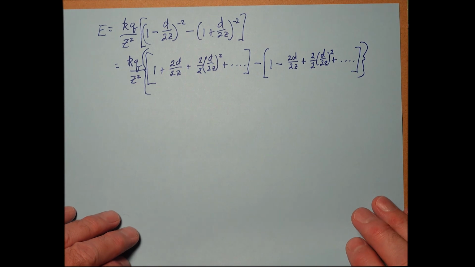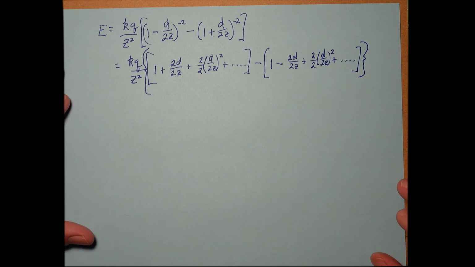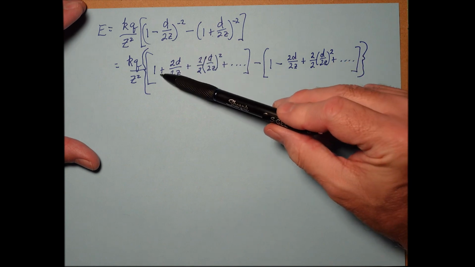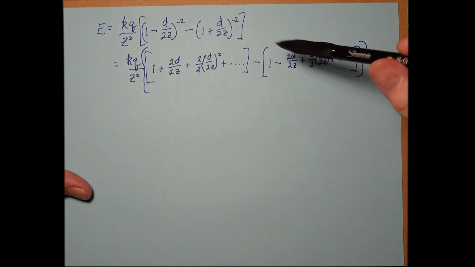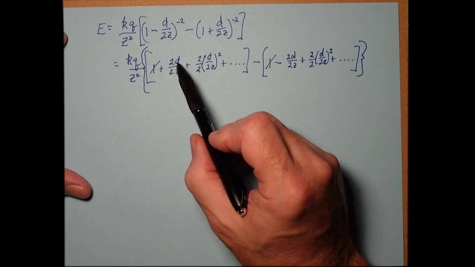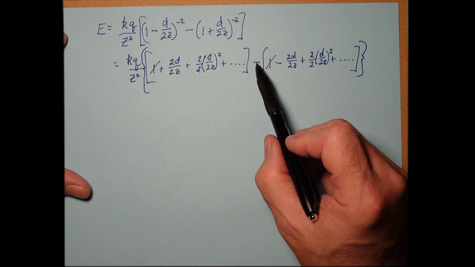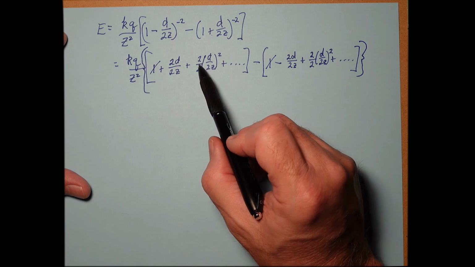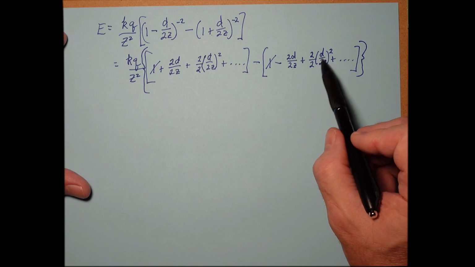Okay, so here we have our expansion of these 2 terms so that we can try and get better resolution. Well, you'll notice that some of these things are going to cancel. First of all, the 1's are going to cancel each other. The 1's are going to go away. So that and that cancel each other. The next term, the 2d over 2z, those don't cancel each other because this negative sign is going to make that a positive, so there's going to be 2 of those terms. And then this next term, the 2 over 2d 2z squared, is going to cancel.